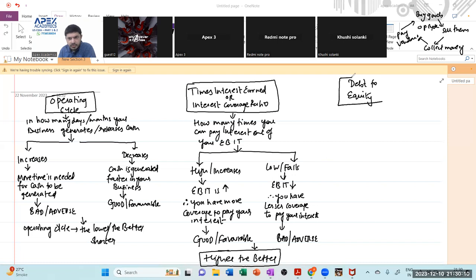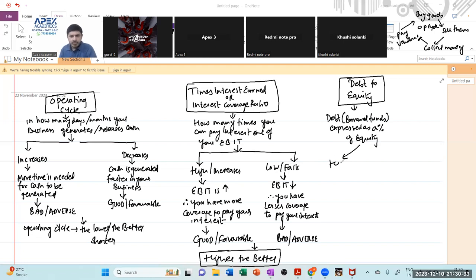Debt to equity ratio. What is the meaning of this? Debt or borrowed funds expressed as a percentage of equity.